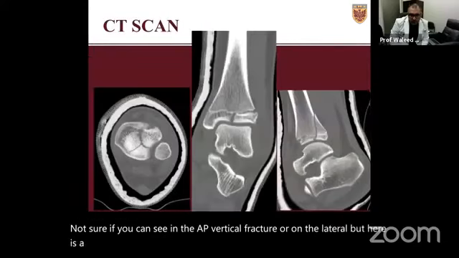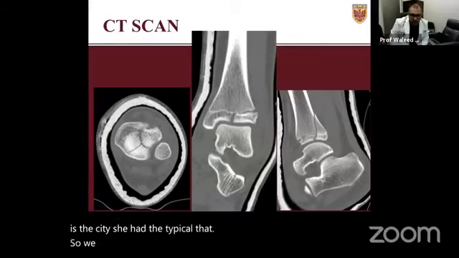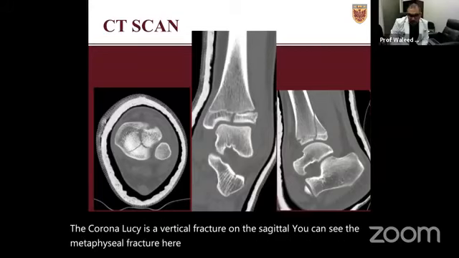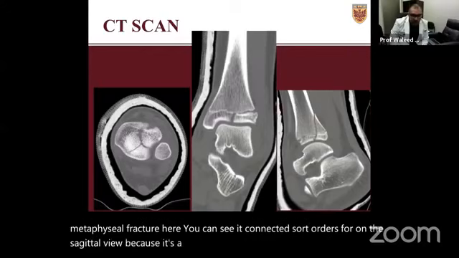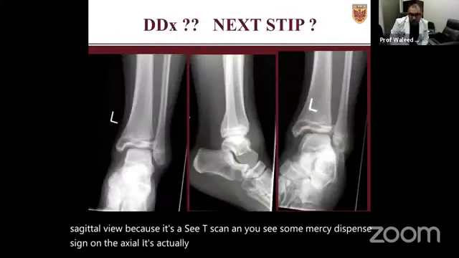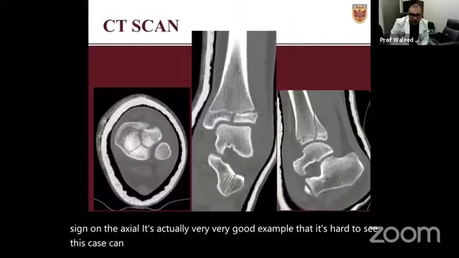You see the AP in the coronal, you see the vertical fracture, and on the sagittal, you can see the metaphyseal fracture. Here you can see it connected. It's a Salter-Harris 4 on the sagittal view because it's a CT scan, and you see the Mercedes-Benz sign on the axial. It's actually a very good example that it's hard to see. This case can be missed easily.